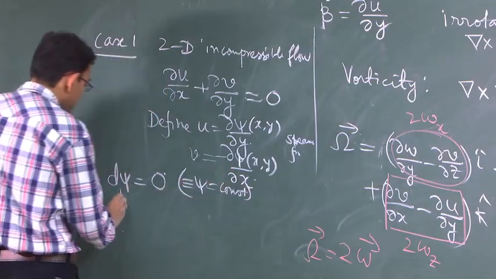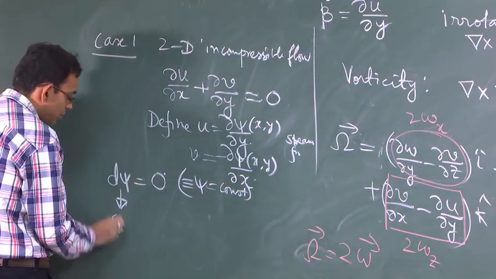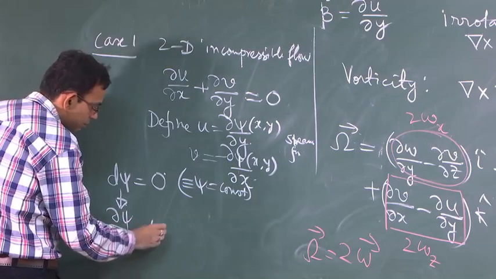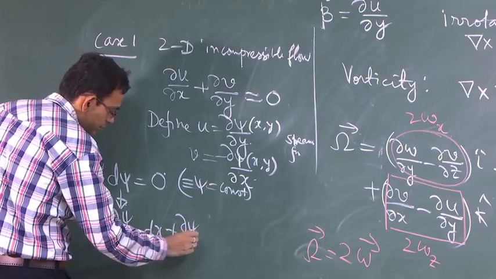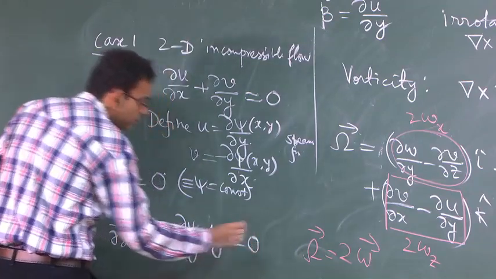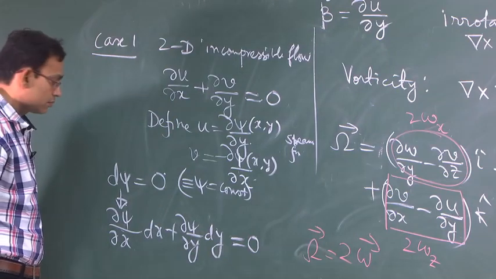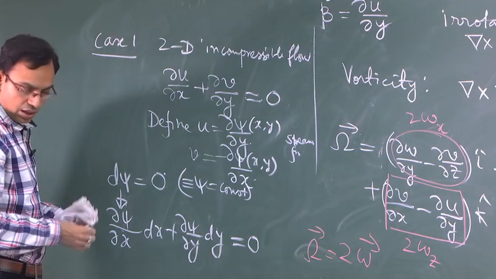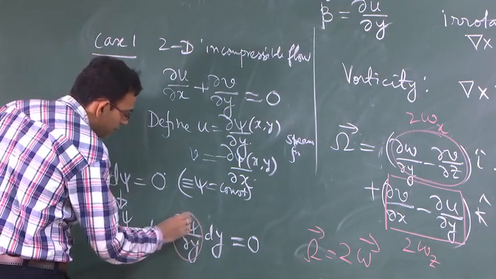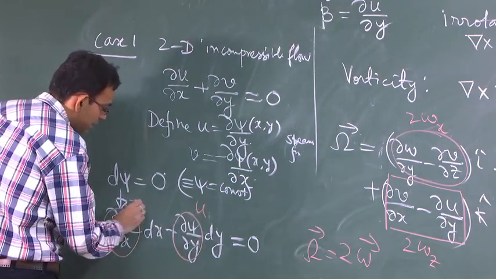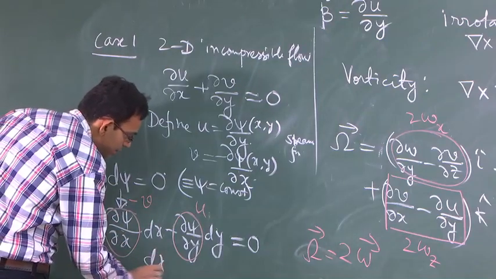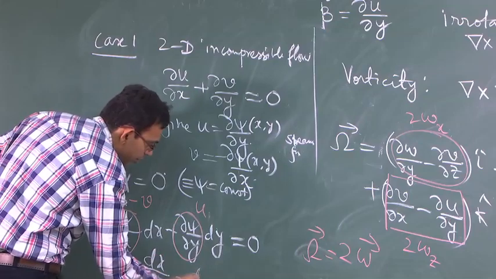So, d psi is a function of x and y. By the rule of partial derivatives, now you see the definition, u is equal to del psi del y and v is equal to minus del psi del x. So, this becomes dx by u is equal to dy by v.